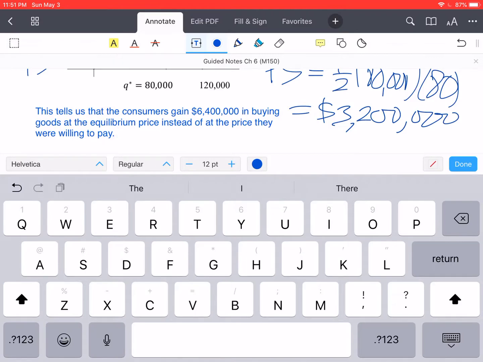Okay, so the consumers, by paying equilibrium instead of what they would have been willing to pay, saved $6.4 million.